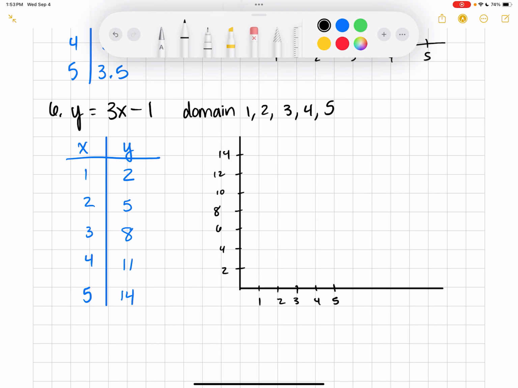And this is one you may want to do increments of 2 on your y-axis because the numbers get kind of big. But if you want to do them out in increments of 1, I don't care.